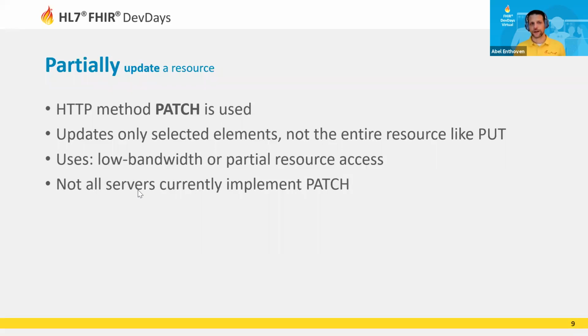And also in situations where you have a low bandwidth situation like mobile or whatever. I haven't made an example of this because people don't use it a lot, because of the difficulty, and also not many servers implement it. Vonk implements it now, so you could try it on Vonk and also on some other servers.